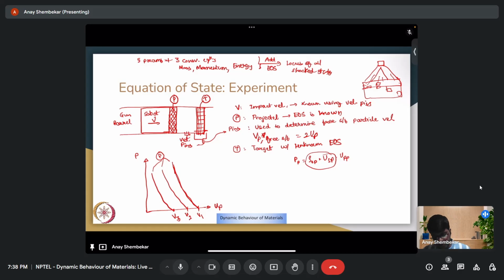Because we already know what rho naught P looks like, and we also know what USP, the shock wave velocity for the projectile, looks like, we can evaluate what is the exact pressure being generated. So this is rho naught.